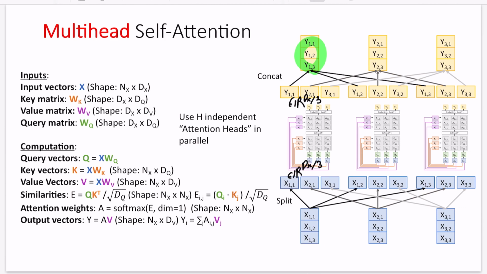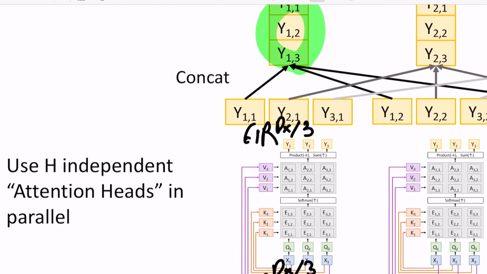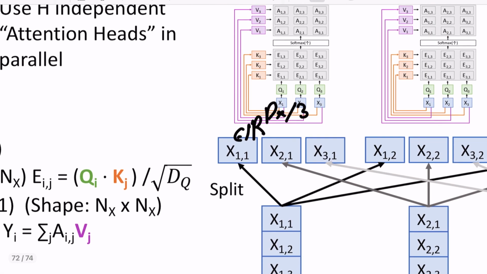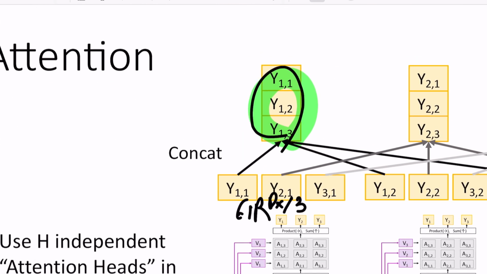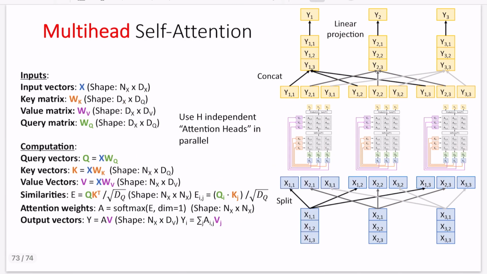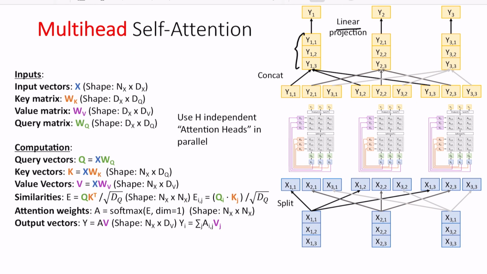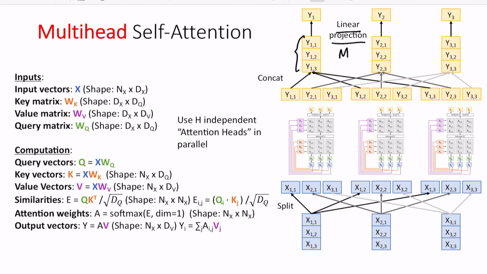Anyway, these three outputs coming from the three separated feature maps should be concatenated to generate the final output. Then, because they are separately considered, this is finally projected with an additional MLP to generate y1, y2, and y3 from x1, x2, x3. Right? This is multi-head self-attention.